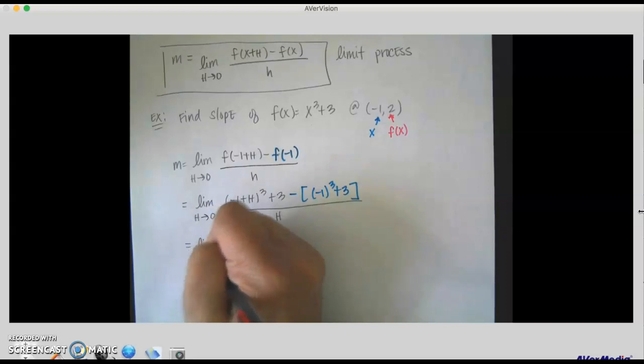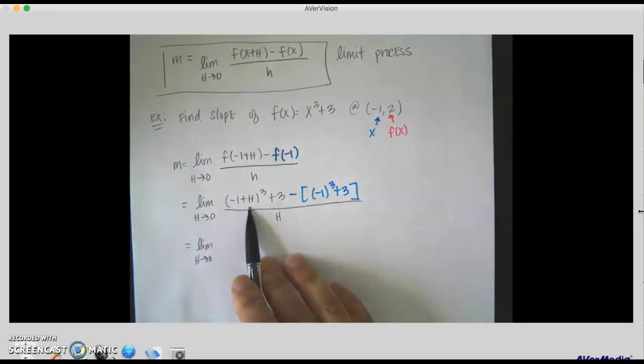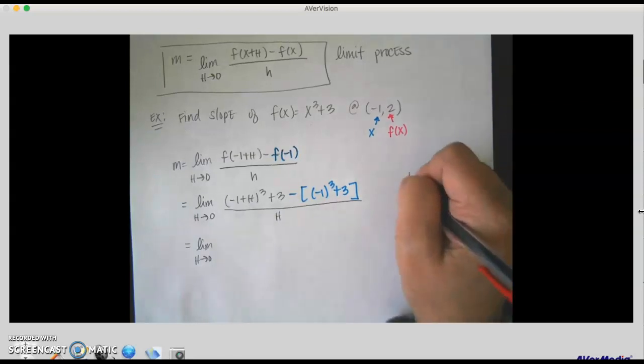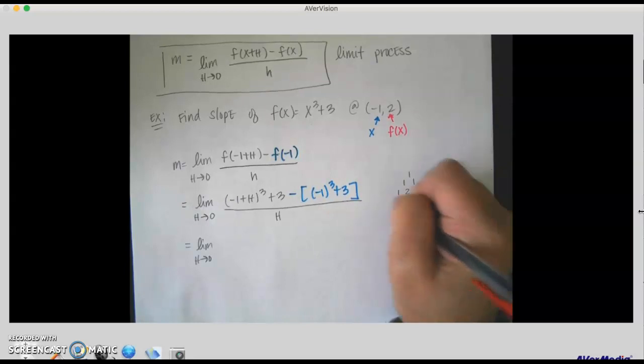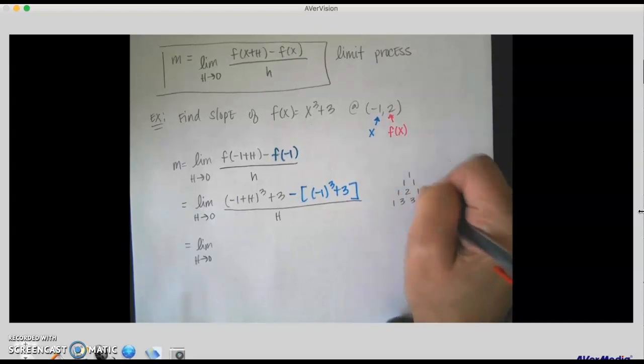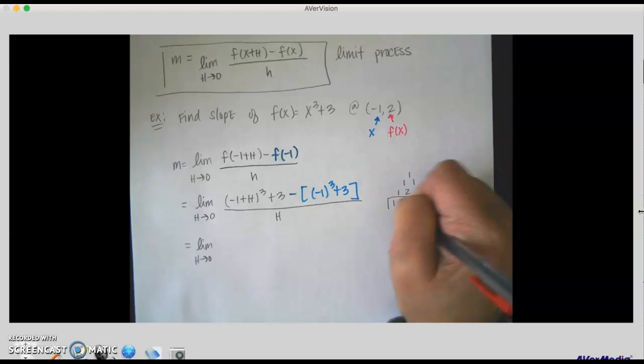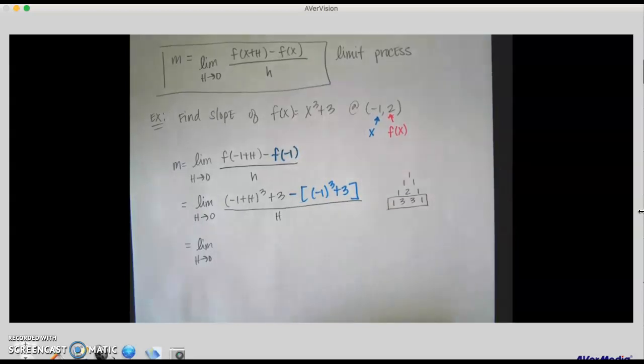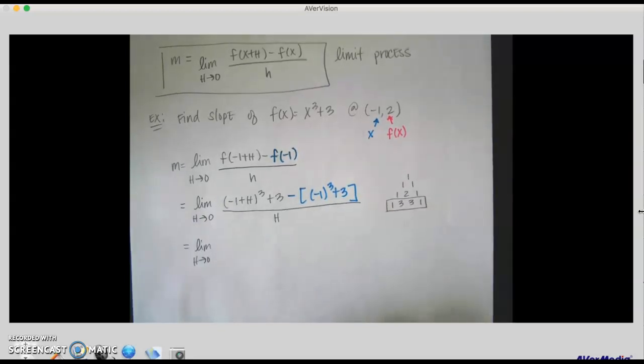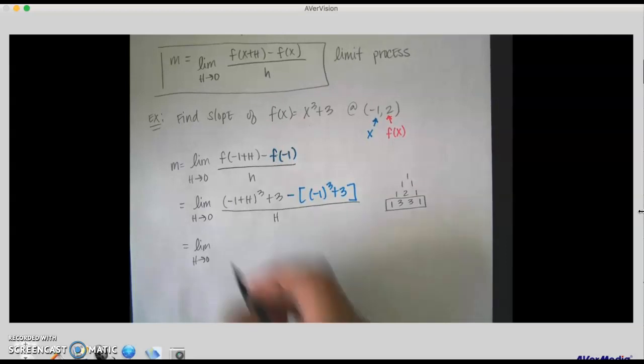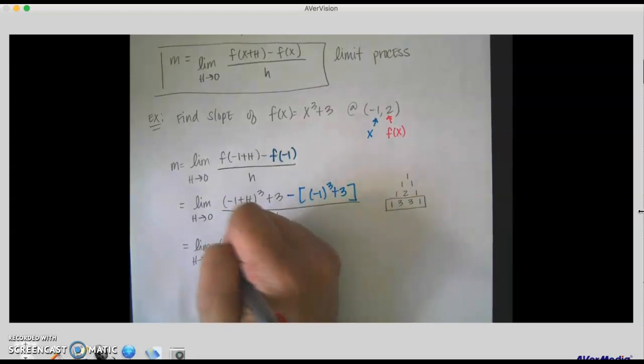Simplifying it more. Okay. So we could expand the cubic using our Pascal's triangle, if you remember that, where it begins with the 1, and then it has a 1, 3, 3, 1. So these are going to be my coefficients. And then the first term starts with the 3 and decreases by 1 each time. And then the second term, the h, starts with 0 and increases each time. So this would be the setup.